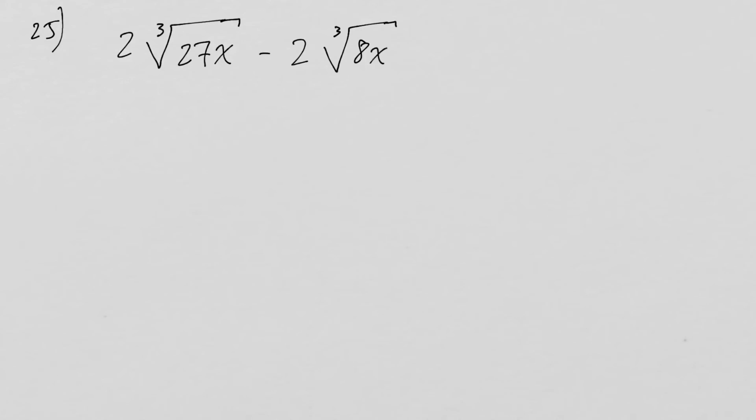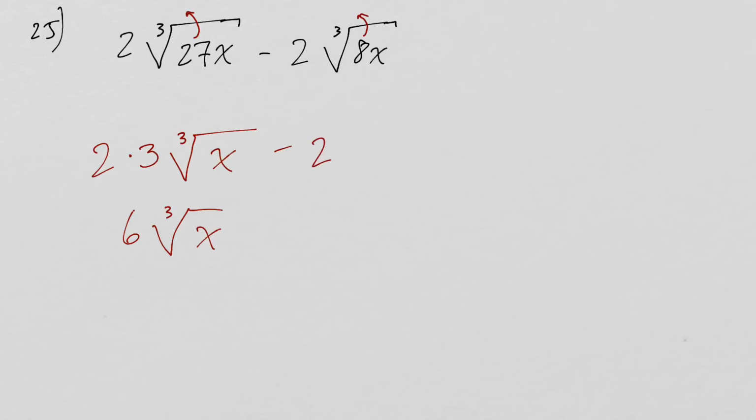Okay, 27 is a perfect cube. So I have my 2 sitting out there. Let me write this in a different color. I have my 2 sitting out there. I take out the 27 and it becomes a 3. And I'm left with the cube root of x. So this is 6 times the cube root of x minus. I take out the 8 by cube rooting it.